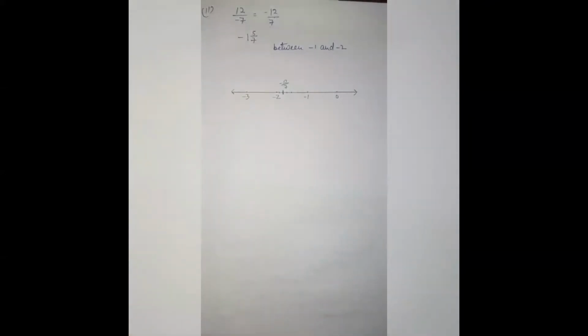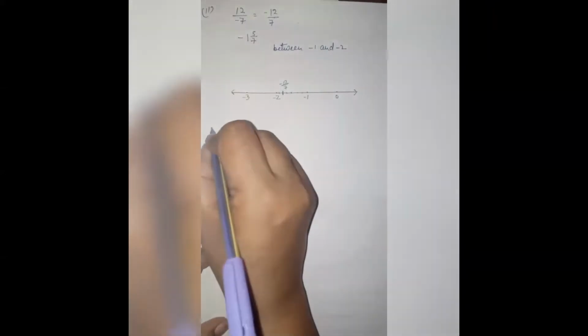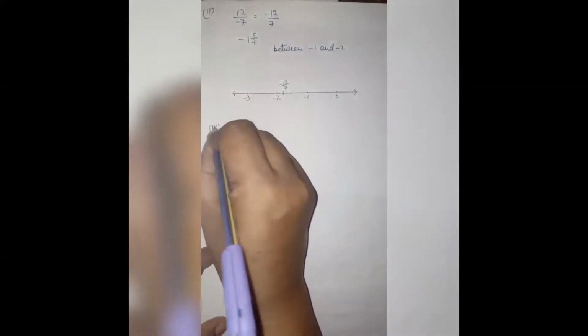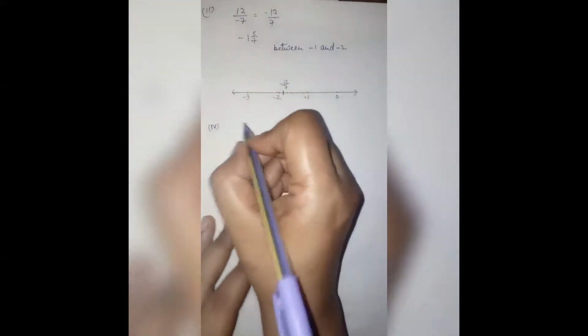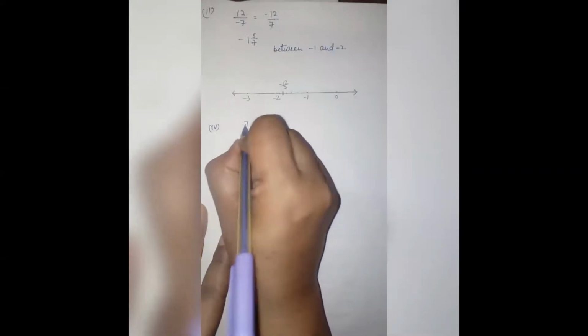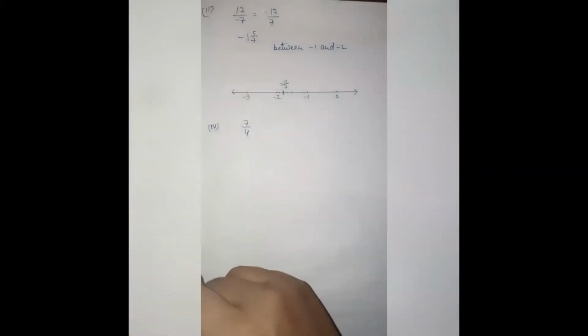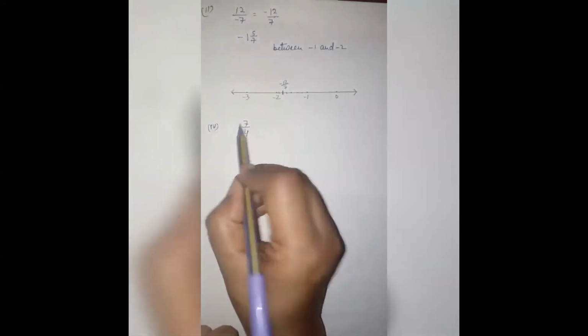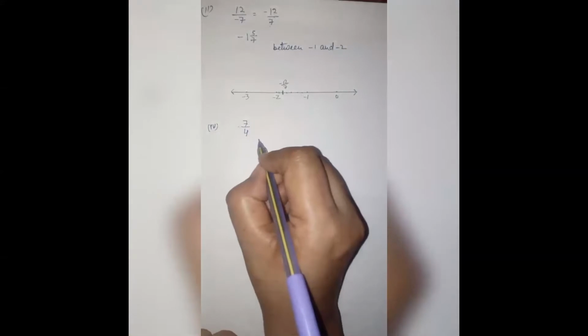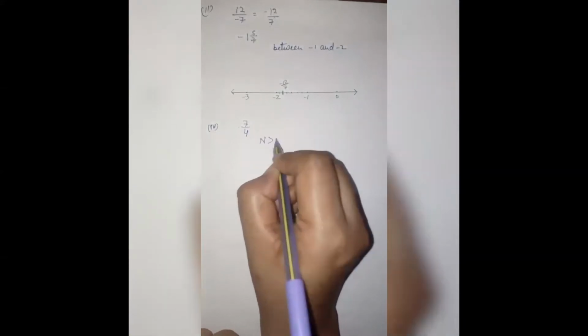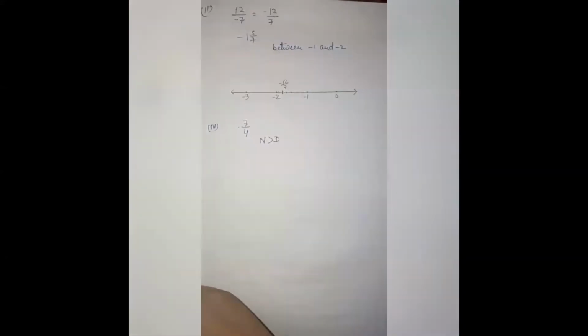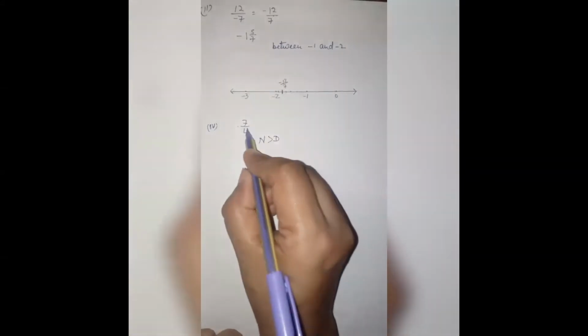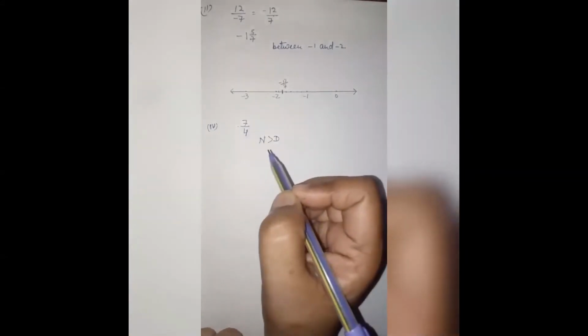Now I am taking one more example. Here 7 upon 4. 7 upon 4, this is a positive number, and you can see here the numerator is greater than the denominator. When the numerator is greater than the denominator, you will write this number as a mixed number.